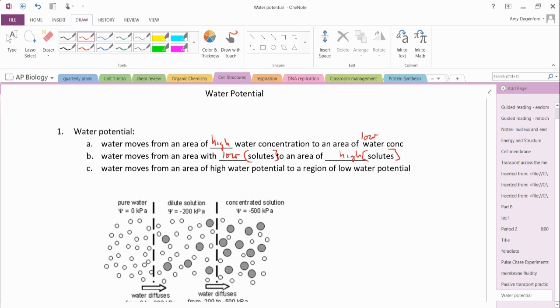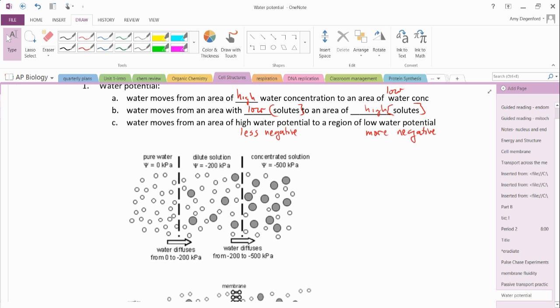Water moves from an area of high water potential to a region of low water potential. That also means, from the measurements in the units, it moves from an area that is less negative water potential to a region of more negative water potential. So water potential ends up being just one more measurement of the movement of water.